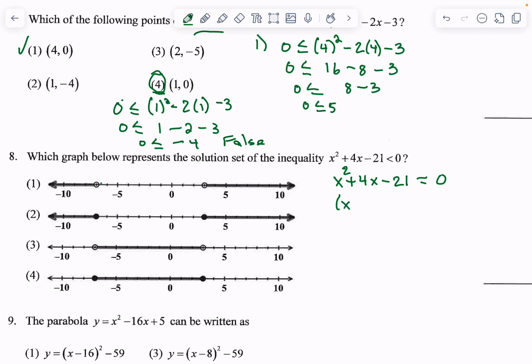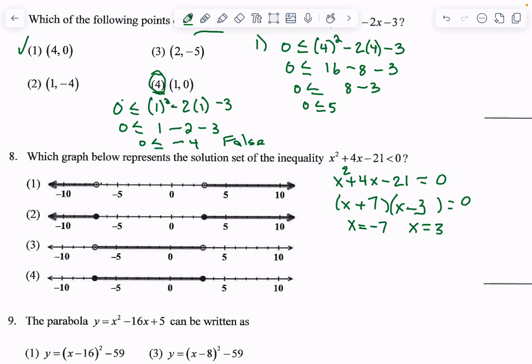So we have x plus, x minus is equal to 0. And we're going to put 7 and 3. That adds up to 5. So x equals negative 7 and x equals positive 3.